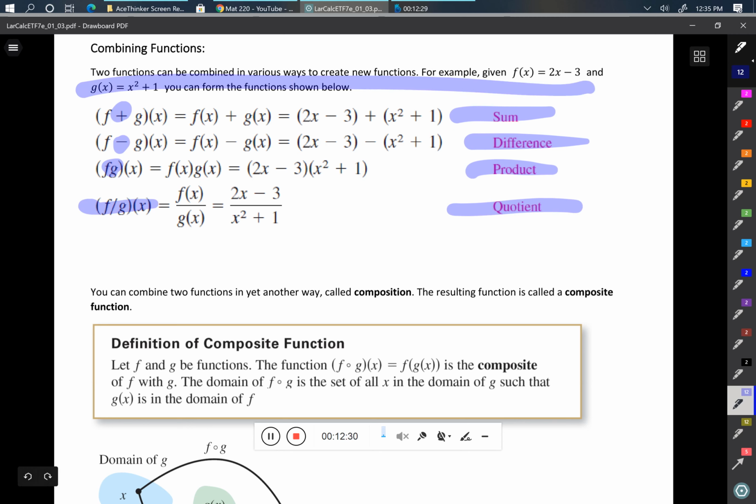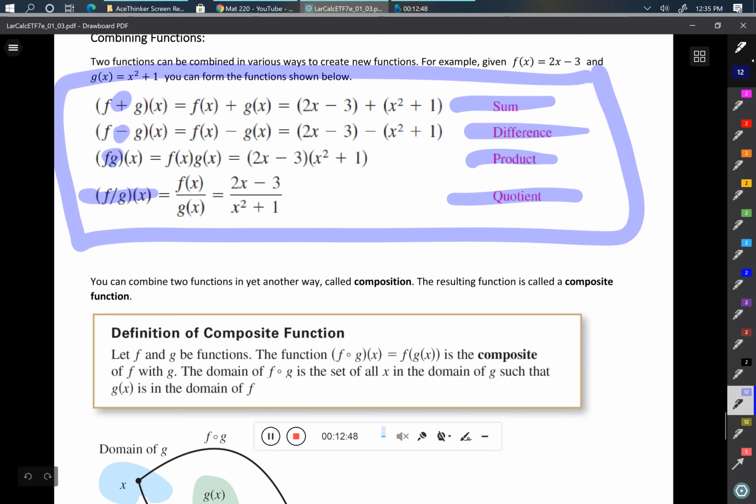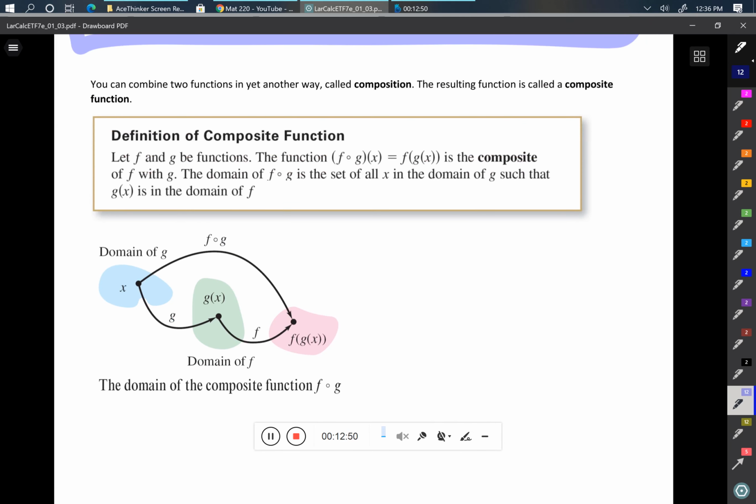And these are all great. These are sometimes referred to as the basic ways of combining functions together, or the arithmetic ways of combining two functions, because it's just basic arithmetic operations: a sum or a difference, a product or a quotient, adding, subtracting, multiplying, dividing.